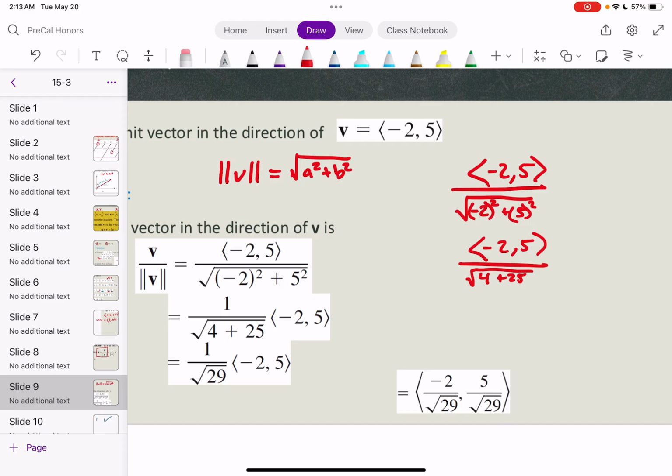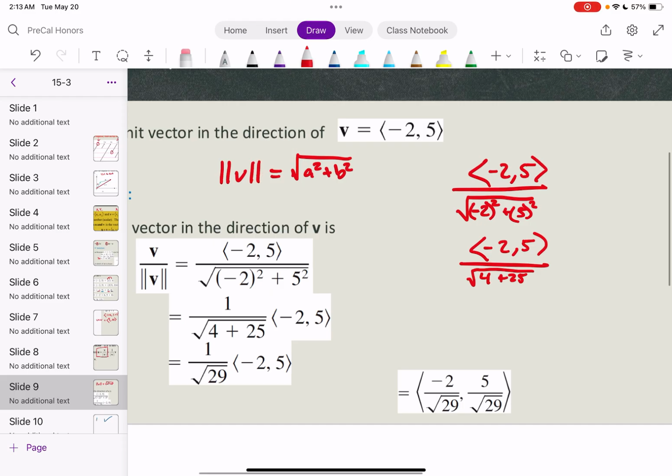Once we've done that, we're going to go ahead and simplify this out. Our denominator would then be the square root of 29. Numerator would be negative 2, 5. Now, what we can do at this point is go ahead and divide each one of the numbers within our vector by our denominator.